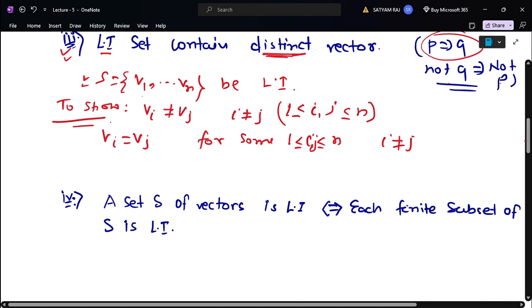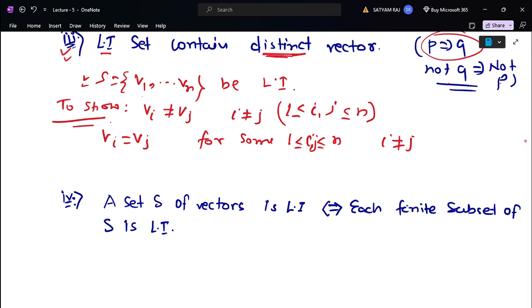So how will we show it? We have c1 v1 plus ... ci vi plus ... cj vj plus ... cn vn equal to 0.